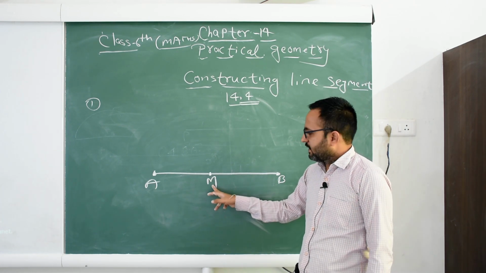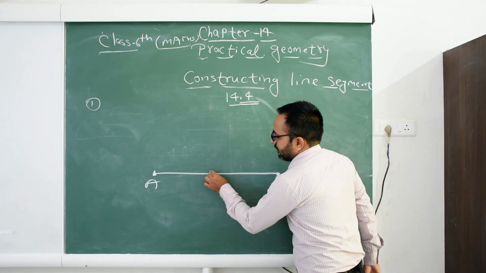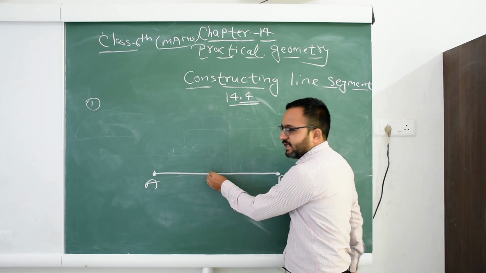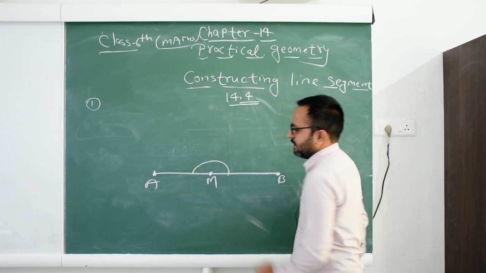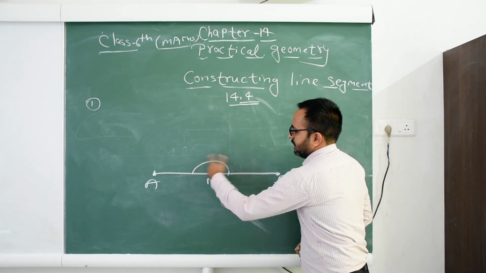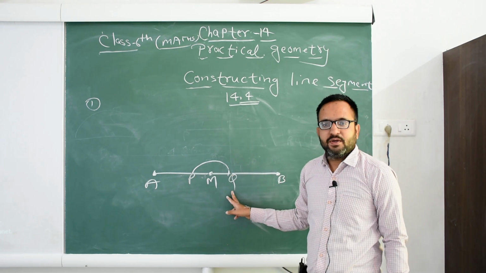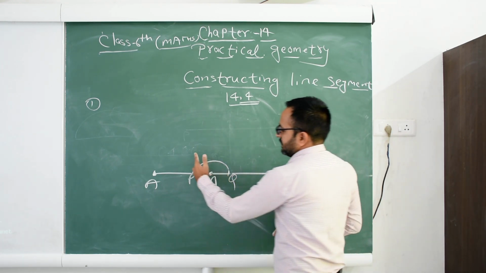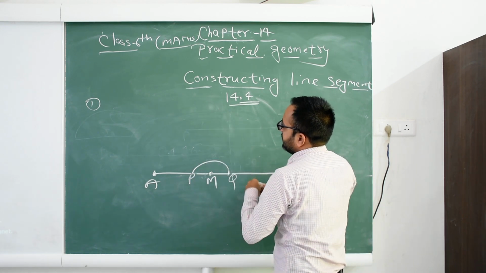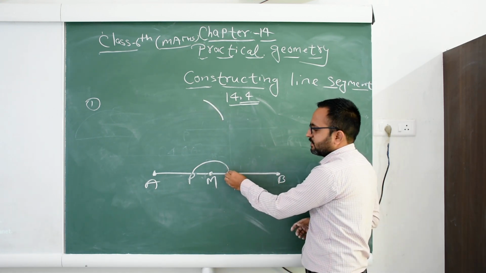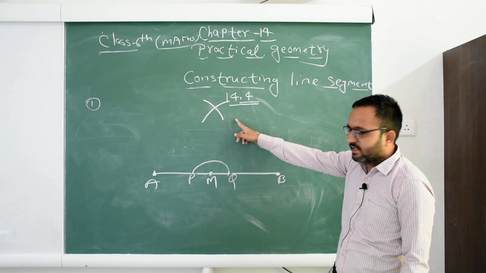First of all we use the compass, put one point here, and with a little bit of radius, we draw an arc like this and give the names P and Q. Now with the same procedure, we take a radius and with P as the center we draw another arc here, and with the same radius, Q as the center, we cut an arc here.